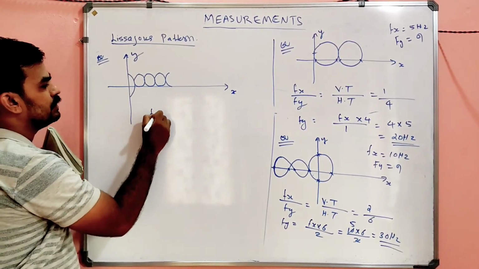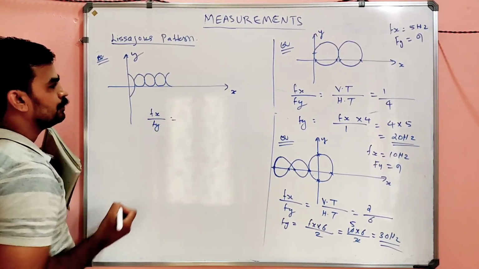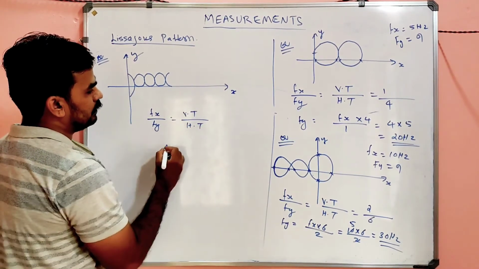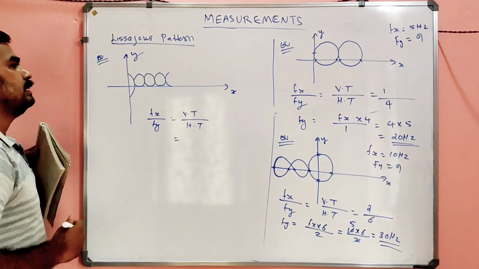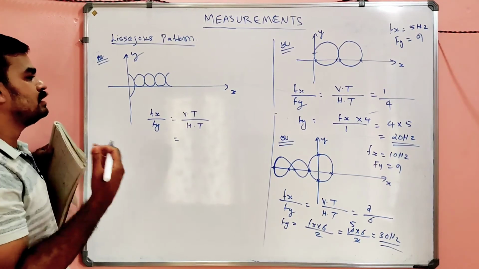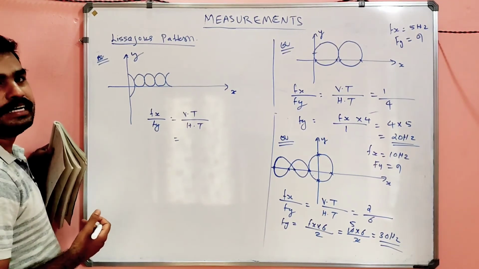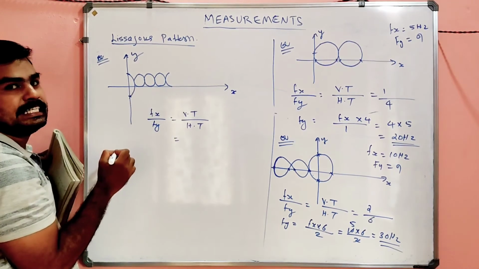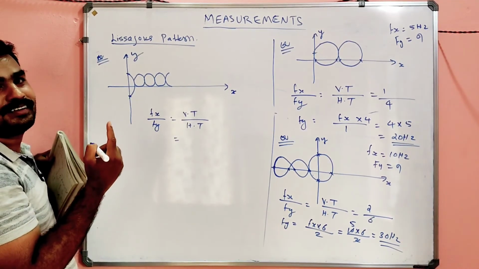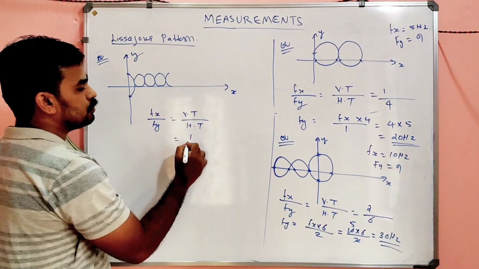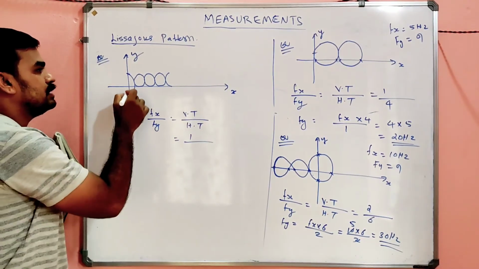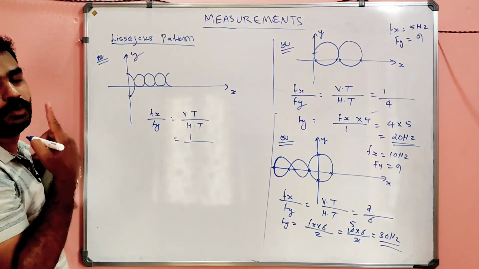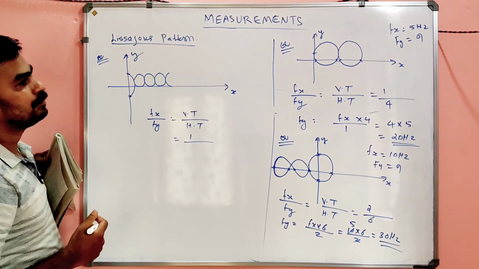So what is Fx by Fy? Simply, Fx by Fy is vertical tangency by horizontal tangency. What is the vertical tangency here, my dears? How many times does it touch the vertical line? See, 1, 2 times it touches, but a half circle is touching. So you can take vertical tangency as 1. 2 times it touches, but we want to take it as simply a half side, only 1. Correct?